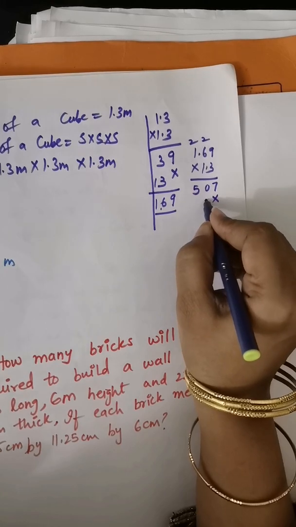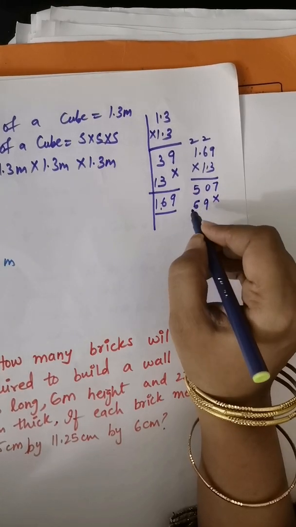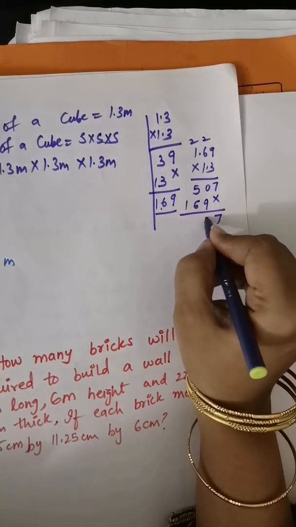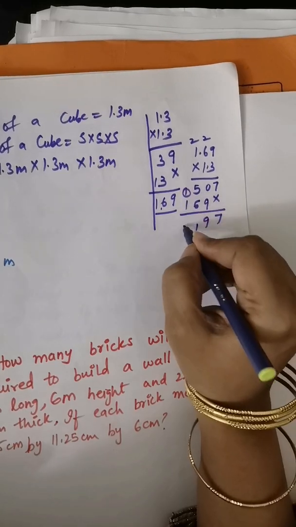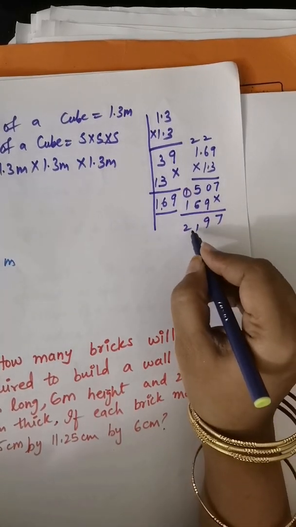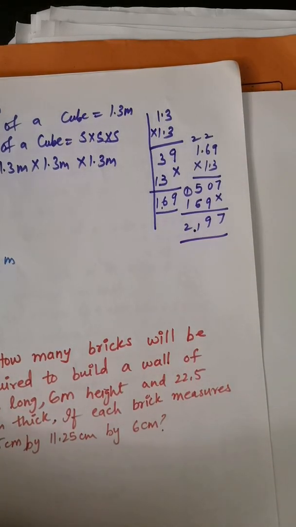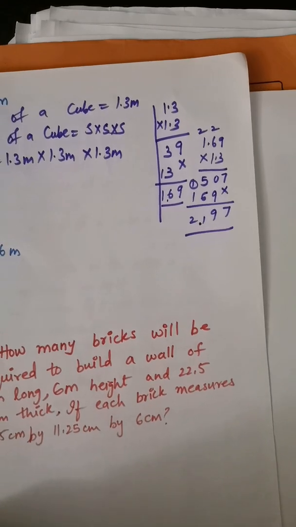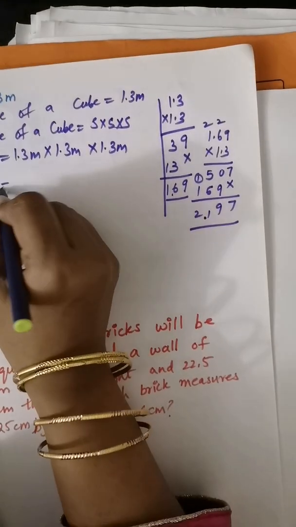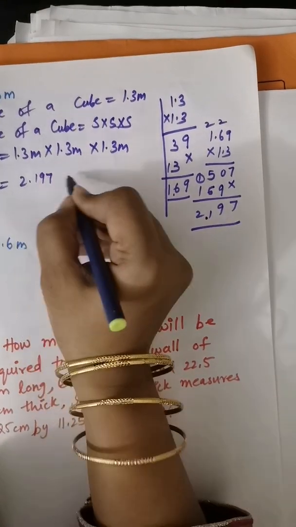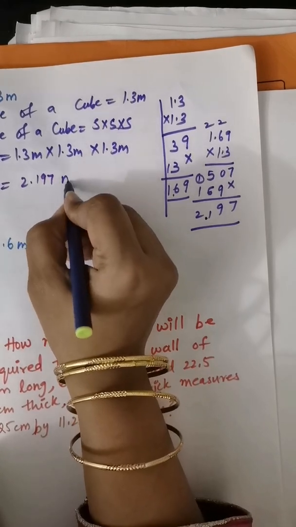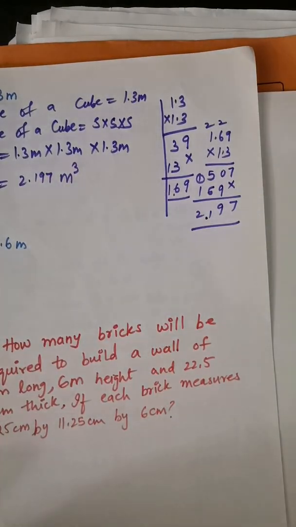Cross mark, 1 9s are 9, 1 6s are 6, 1 1s are 1, 7, 9, 11, 2. Now 3 numbers after the dot. 1.69 into 1.3 is 2.197. Since it is meter, it will be meter cube.